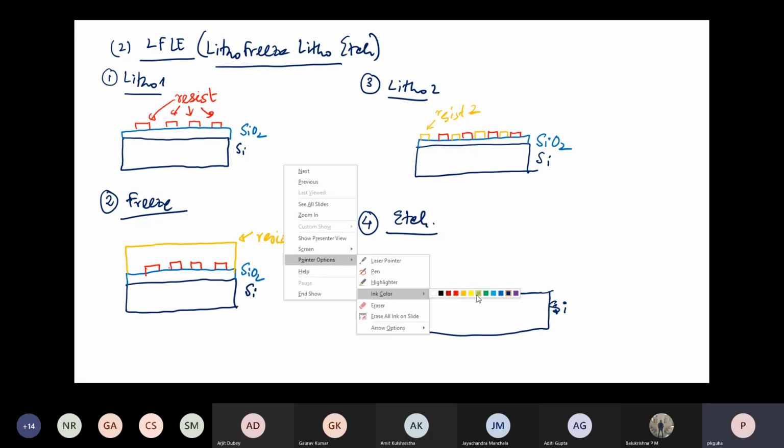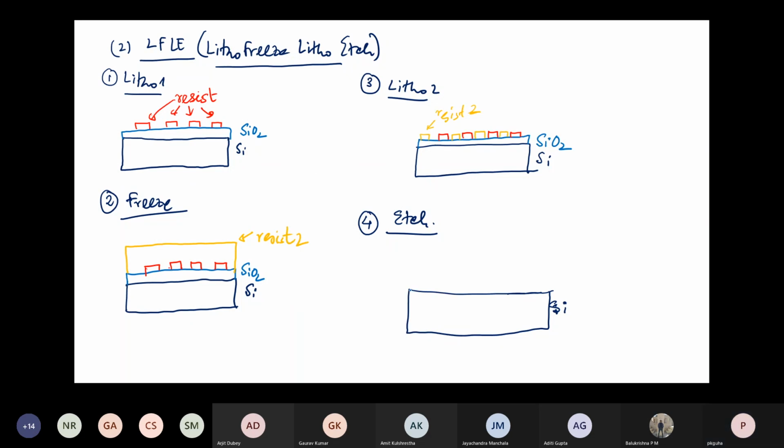So if I do that, you see we have written the pattern on SiO2. This has double the density.